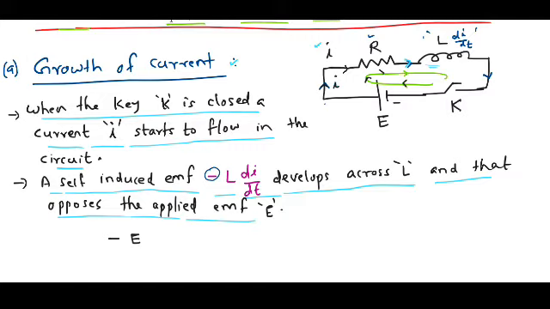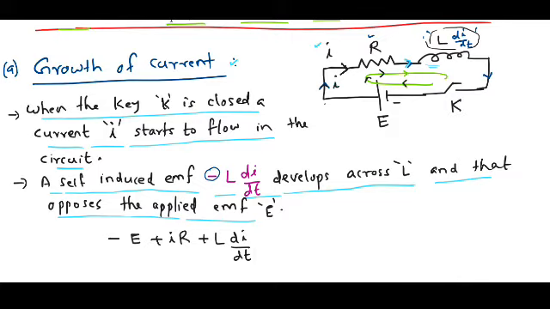Therefore, the path and the direction of current are both in the same direction. So I will take a positive sign, plus IR. Then the EMF induced across the inductor L is plus L di by dt.